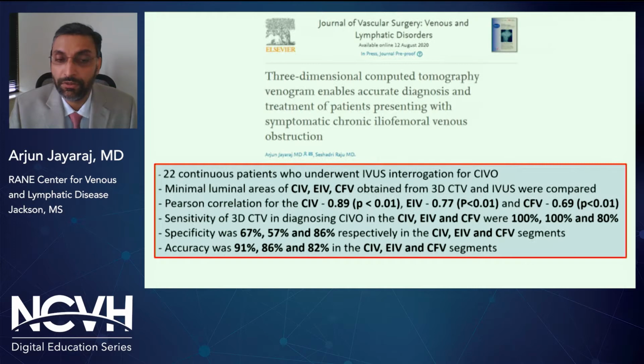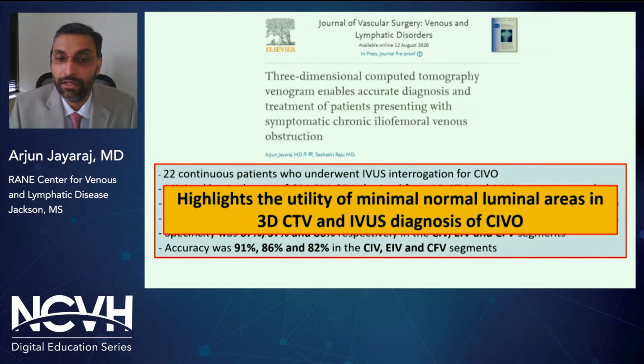Specificity was also pretty good, and accuracy ranged from 82 to 91%, depending on the common femoral, external iliac, or common iliac veins that were evaluated. So the luminal area concept applies not only to IVUS, but also to 3D reconstructions of CT venogram. And this highlights the utility of minimal normal luminal areas with regards to both 3D CT venogram and IVUS.